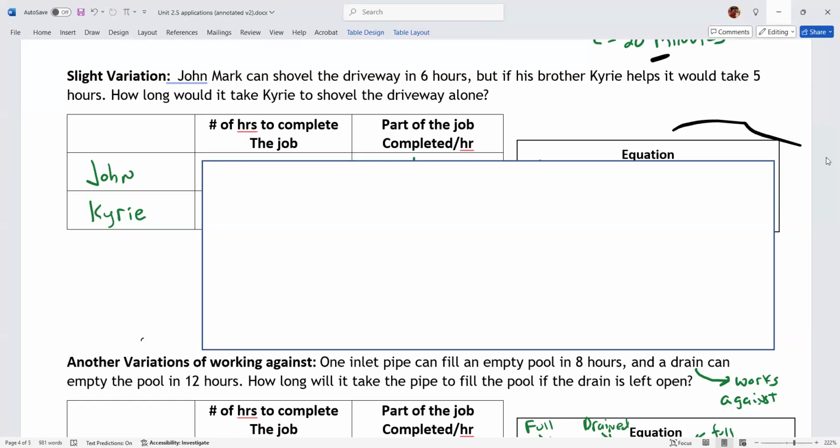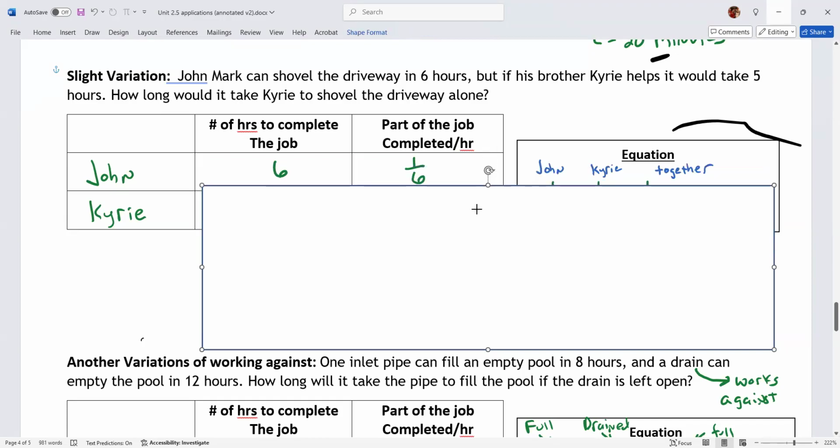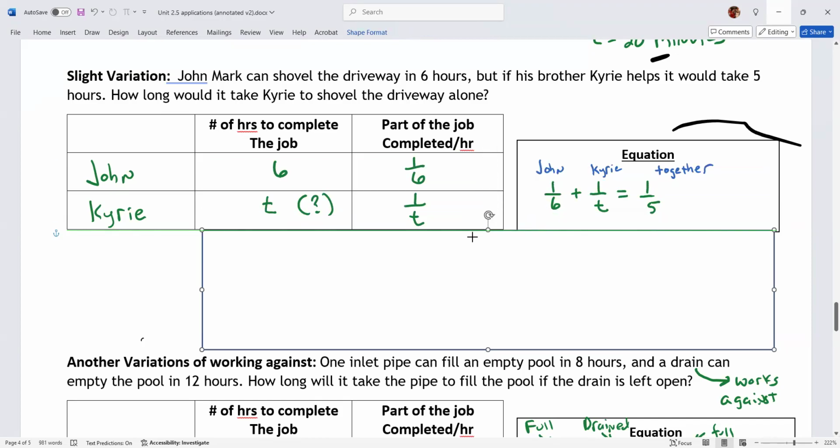So what we don't know is the rate that Kyrie can do it by himself. If we take a look at the table that we've been setting up, the only thing that changes is the unknown, where the variable is, where the T is. If John can do the job in 6 hours, we don't know how quickly Kyrie can do it. That's what we're solving. But we do know that the rate, the part of the job completed per hour by John, is 1 over 6.